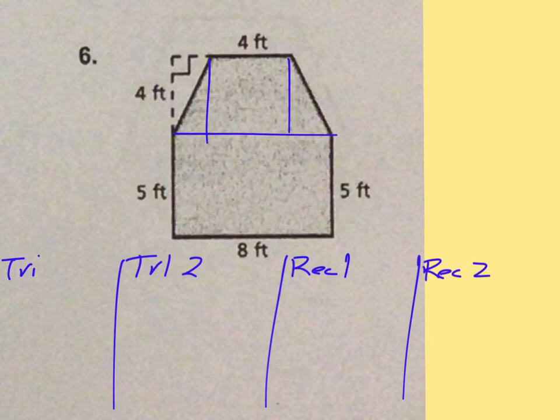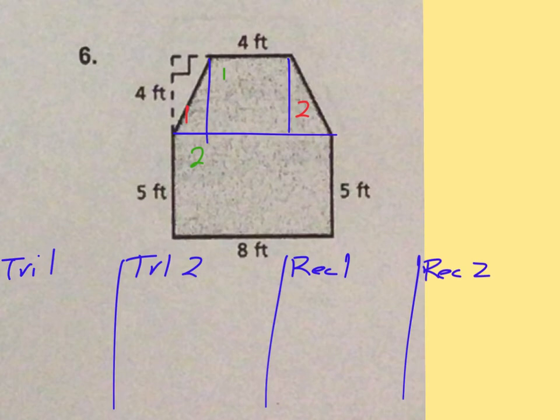So again, it might be helpful for you to come out here and go, that's 1, that's 2, and then I'm going to call this one 1 and this one 2, just so you have a label, something to reference, so you do not get confused. So let's look at triangle 1, because it seems to be the most complex.